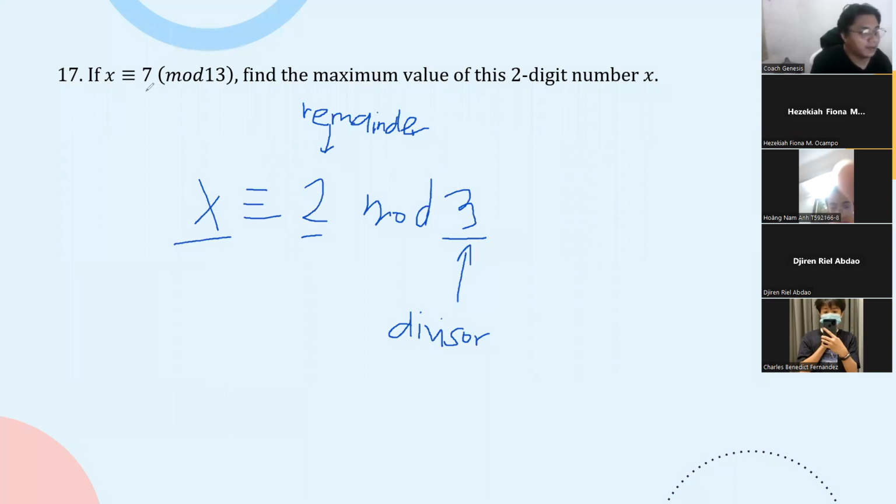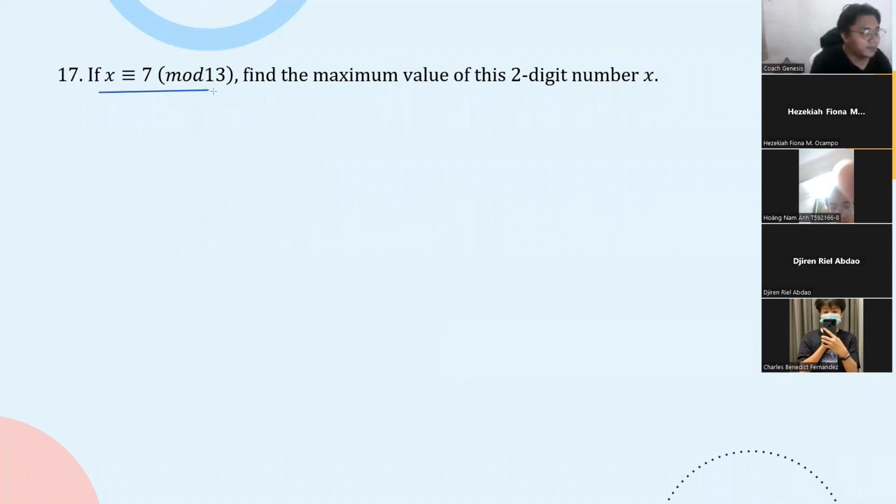Now, I will also explain how we solve number 17. In this case, we have x is congruent to 7 mod 13, right? If we were to express this as an algebraic expression, that is equal to 13k plus 7 for some integer k.